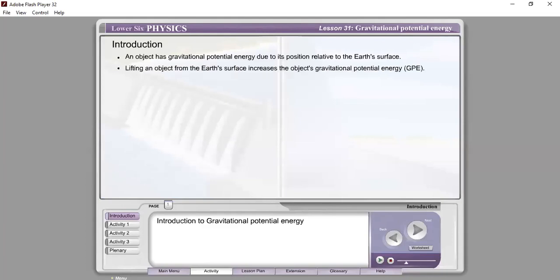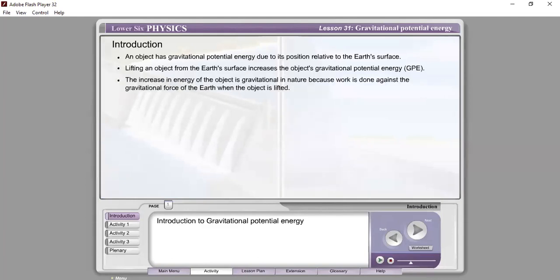Lifting an object from the Earth's surface increases the object's gravitational potential energy, GPE. The increasing energy of the object is gravitational in nature because work is done against the gravitational force of the Earth when the object is lifted. Examples of objects having GPE are water stored in a reservoir and a raised hammer.